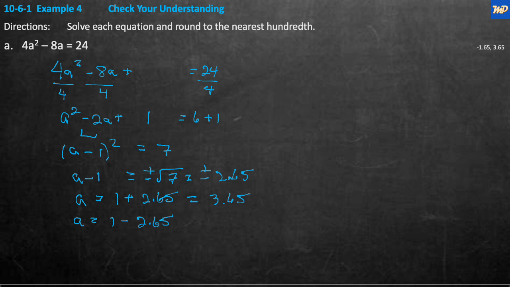And minus 2.65 plus 1 is going to be equal to minus 1.65. There's our two terms, 3.65 and minus 1.65. Okay, let's move on to the next one.